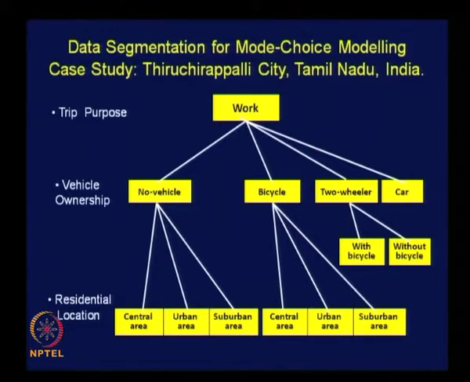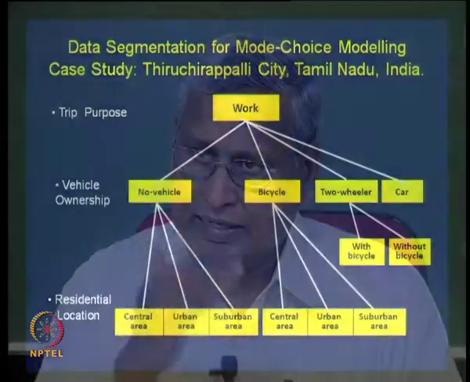Any response? It was felt it is sufficient to categorize travelers based on residential location only for these two groups, no vehicle owning group and bicycle owning group. Please remember, this categorization is mainly because of the reason that the characteristics of bus mode changes significantly over space.